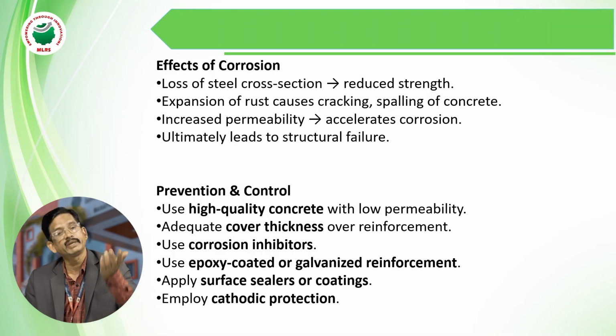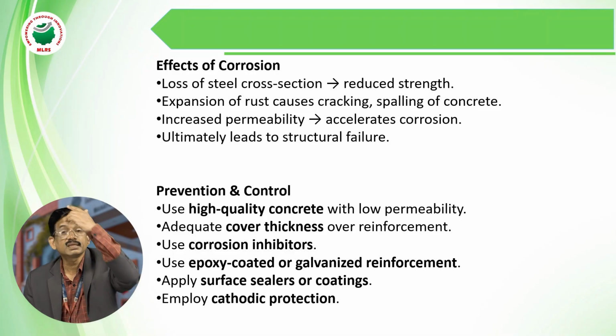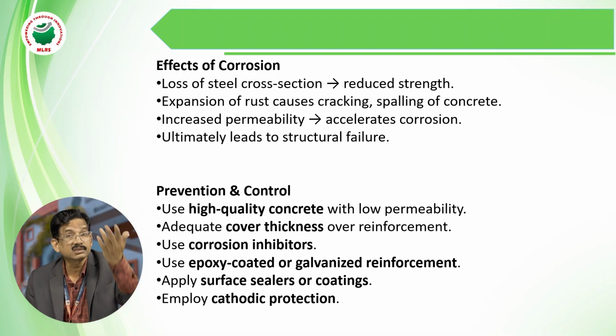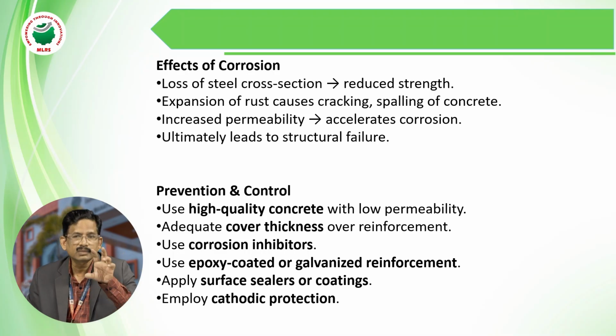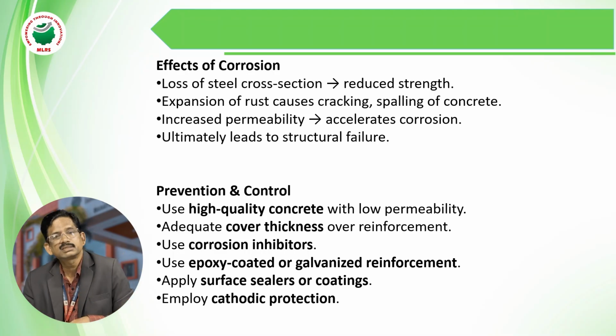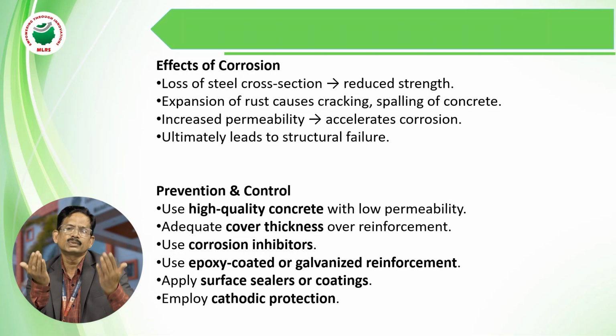Use corrosion inhibitors. Corrosion inhibitors are already available in the market, and we are going to use those also. Use epoxy coated or galvanized reinforcement. Epoxies are available these days; previously they were not available because of the technology. So we have to apply the epoxy. The corrosion will be arrested up to a certain level.